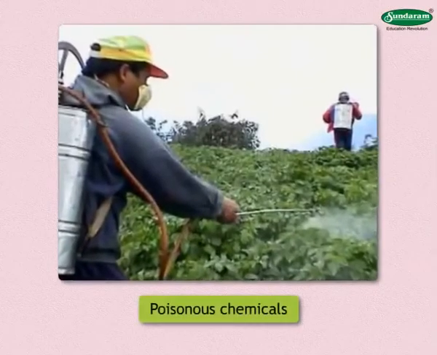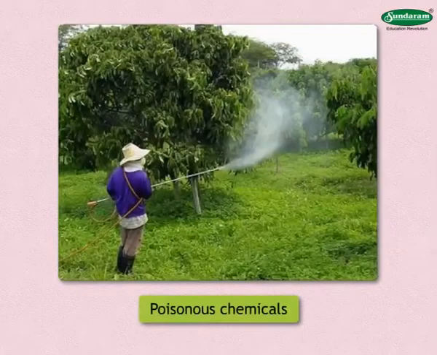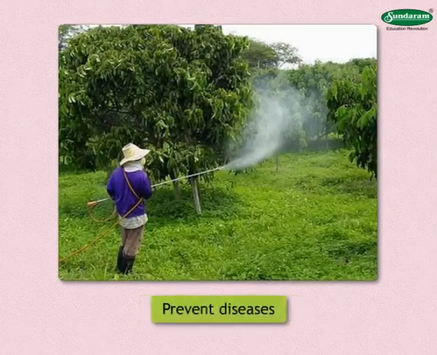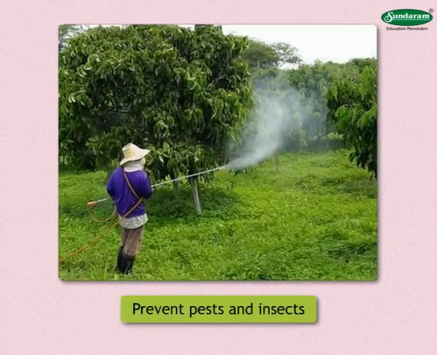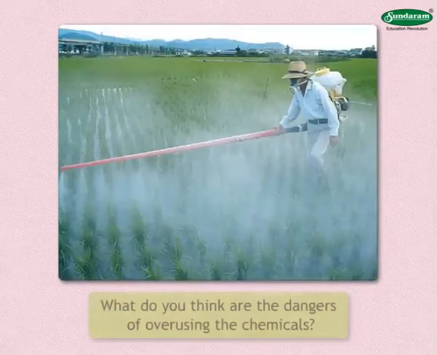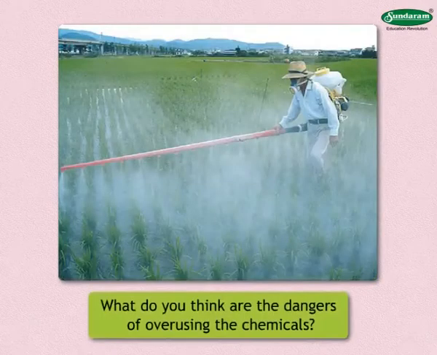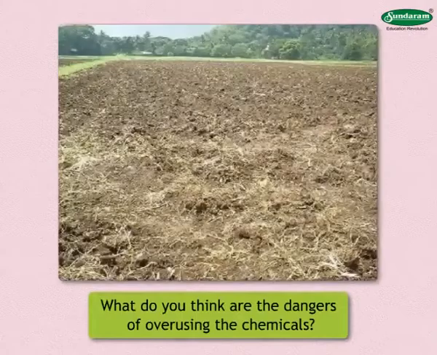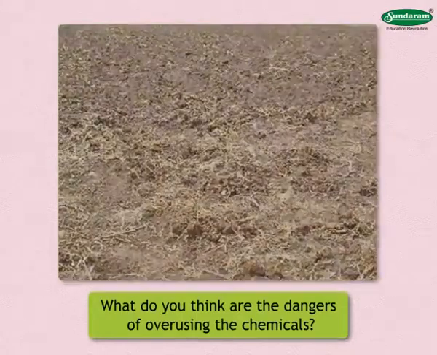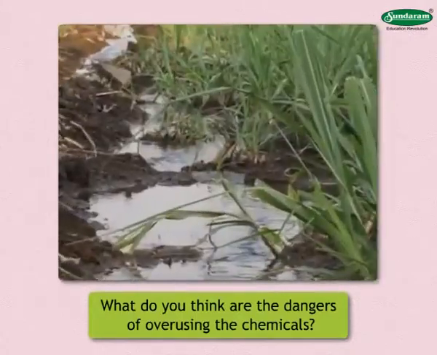Think, discuss, and find answers. Nowadays, some poisonous chemicals are sprayed on crops to prevent diseases or to prevent pests and insects from attacking the plant. What do you think are the dangers of overusing the chemicals? Fertility of soil decreases. Water also gets polluted.